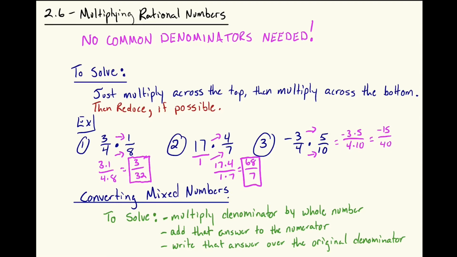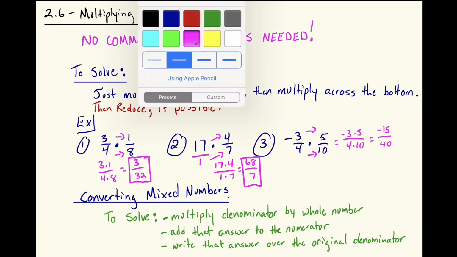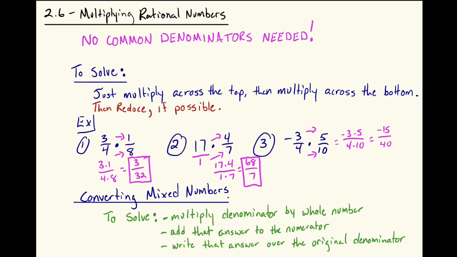Simplifying, I get negative 15 over 40. Now it's time to check to see if the problem can reduce. This one can reduce because 5 can go into both 15 and 40. 5 goes into 15 3 times, and 5 goes into 40 8 times.